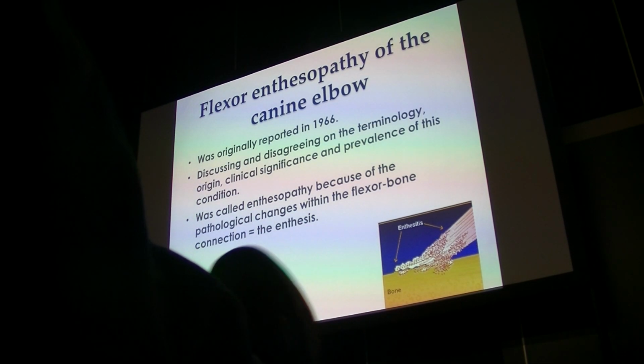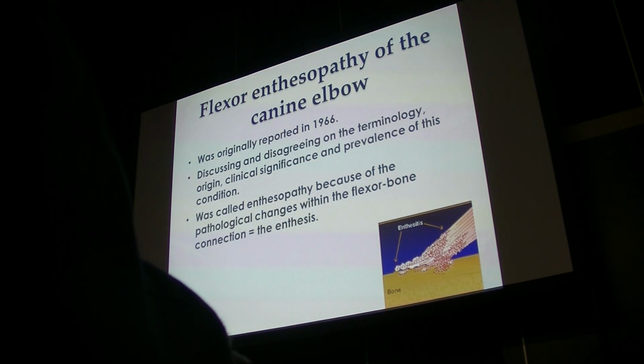So in recent publications, and we published a lot, we had a PhD student who really described the radiographic, ultrasound, CT and MR findings of this condition. And it was called, in these days, enthesopathy.